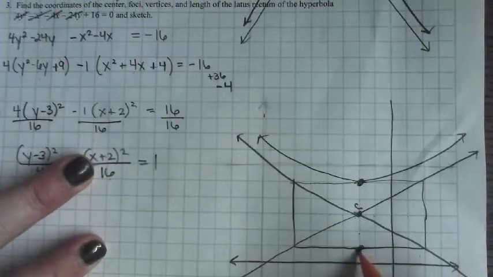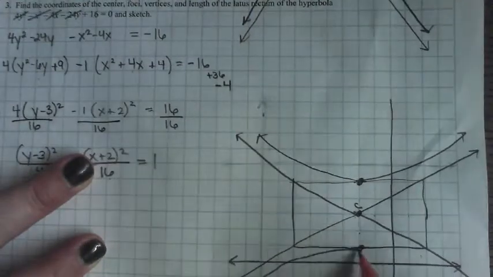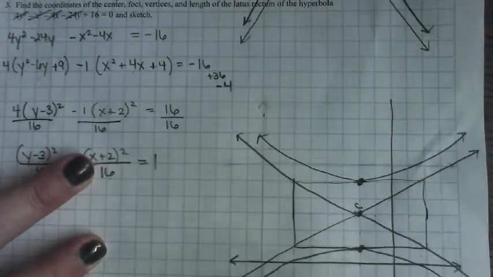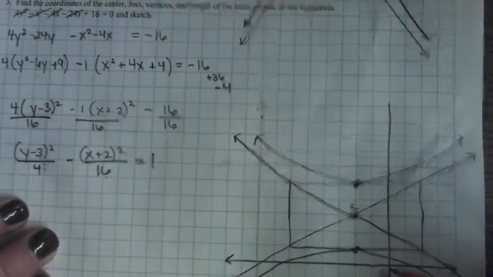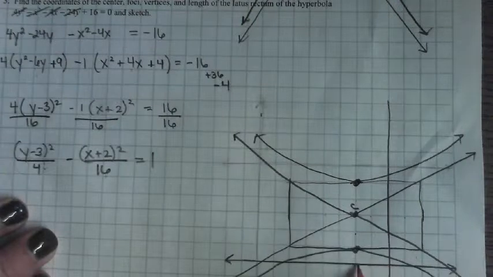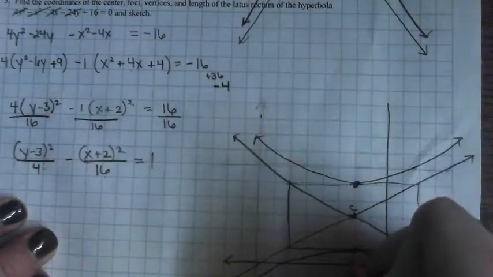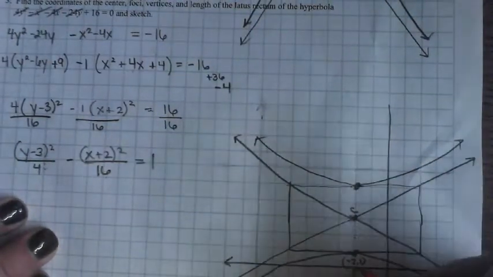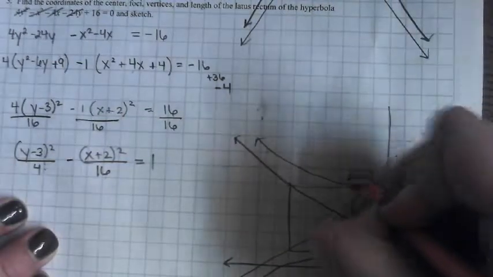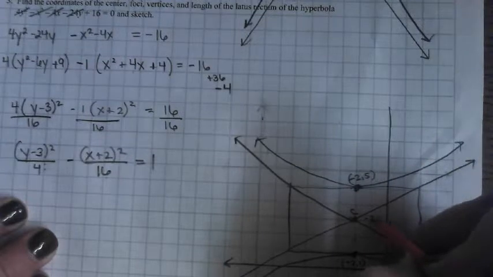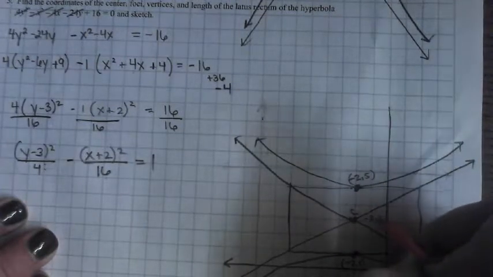And your second vertex is down here, pretty wide. So your vertices have coordinates negative 2, 5 and negative 2, 1. And your center obviously was negative 2, 3.